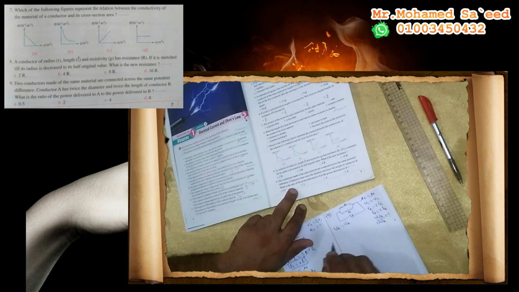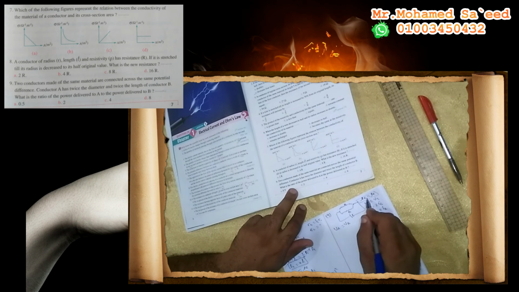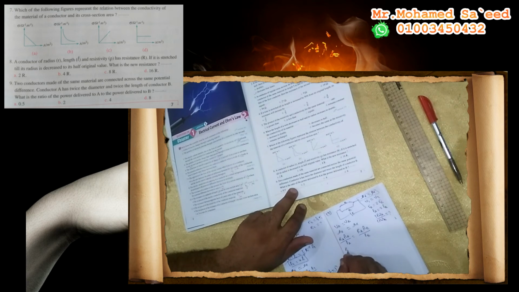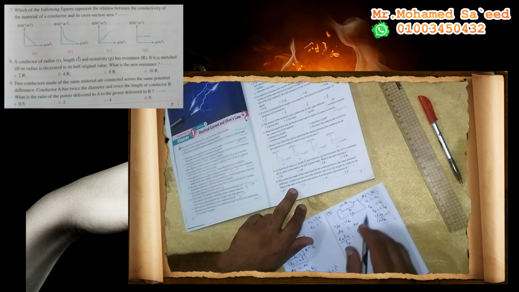We have learned that rho e1 equals rho e2. Rho e equals rho e. So rho e equals RA AA over LA equals RB AB over LB. Substitute RA, AA equals pi RA square over LA equals 2LB, equals RB AB, pi RB square.